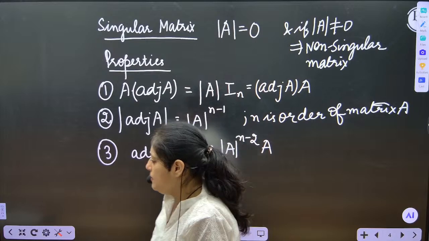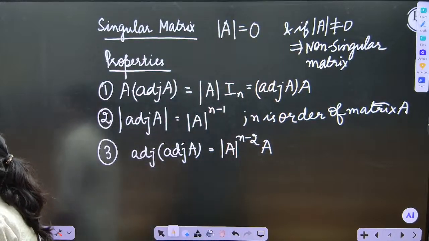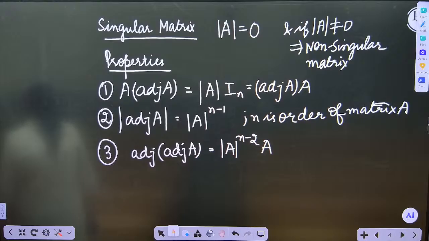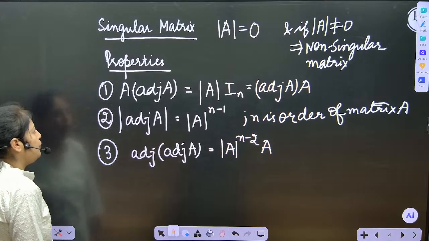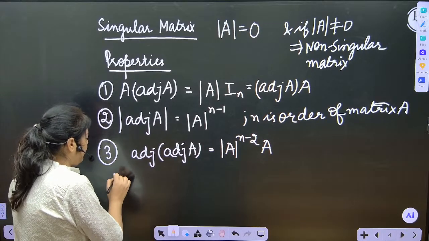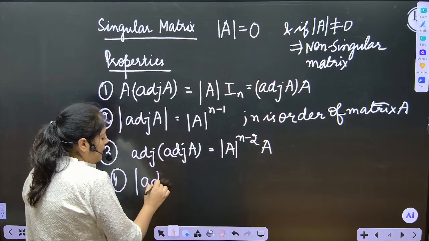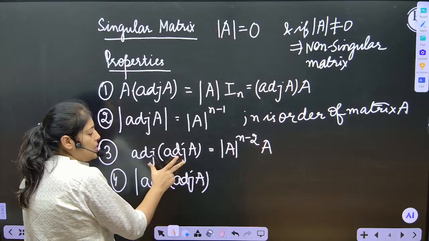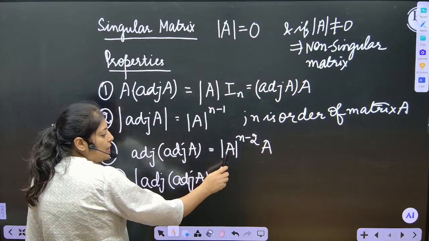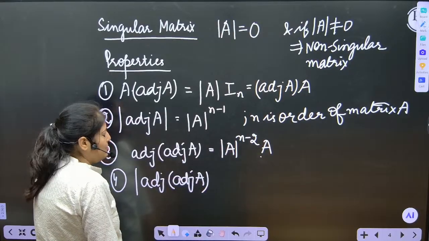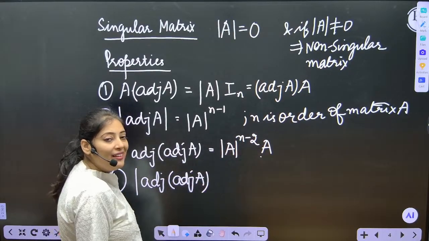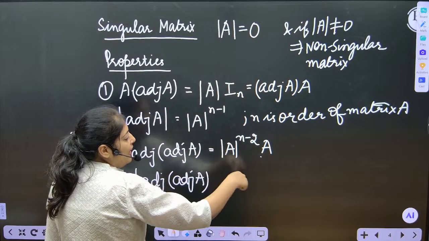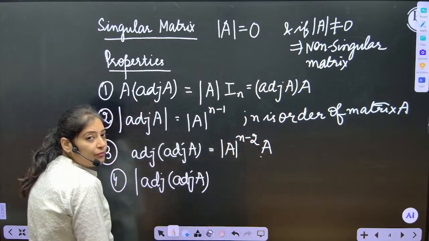Fourth property. Now we'll talk about its determinant also. It will come out to be related to determinant of A. Determinant of adjoint of A now I'm talking about. See, this is a matrix, because scalar is getting multiplied with matrix. So in the end it will come out to be a matrix only.